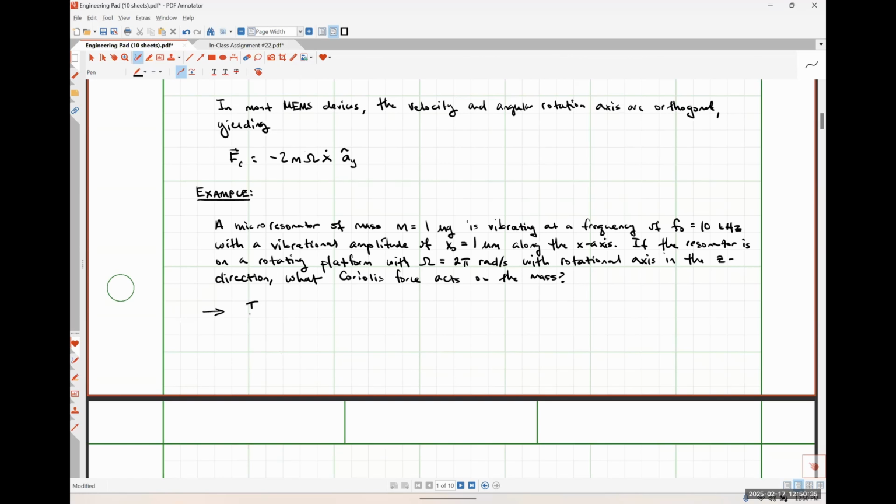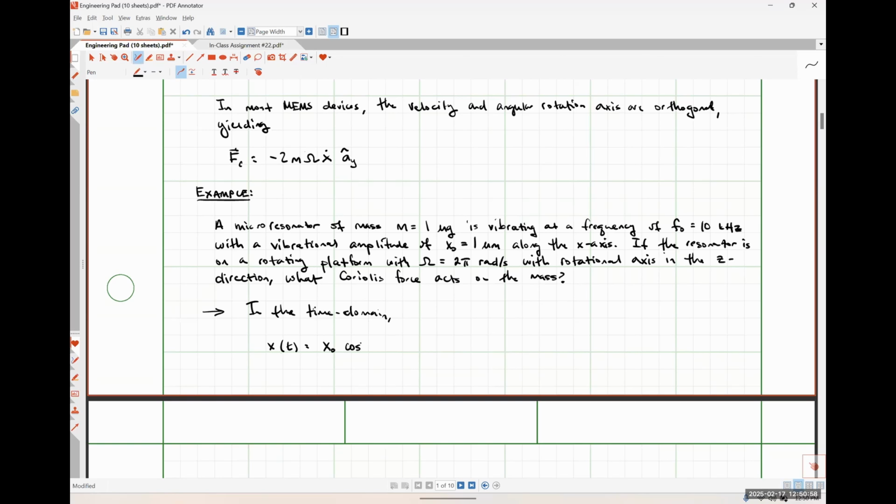So in the time domain, because I want to show you guys who don't have an electrical engineering background where this is coming from, we would say that x of t is equal to x naught, and I'm just going to arbitrarily choose a cosine function here.